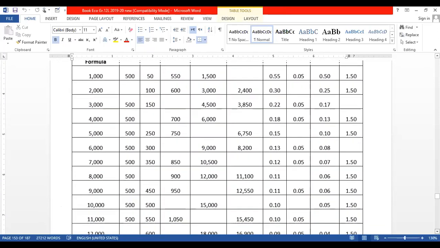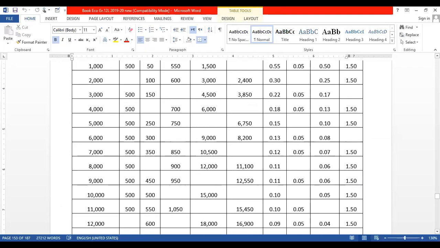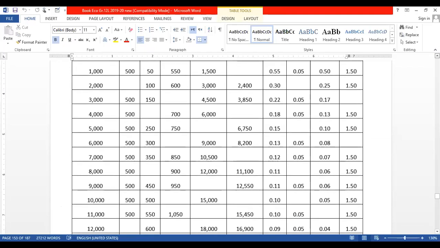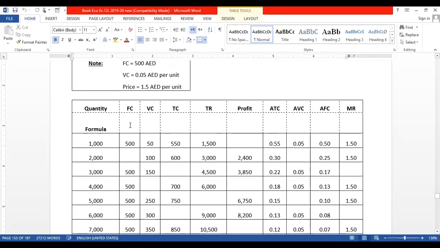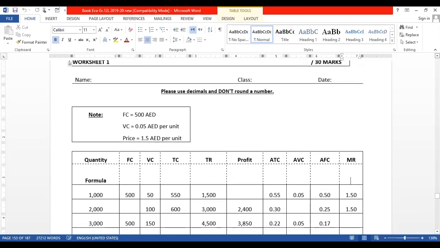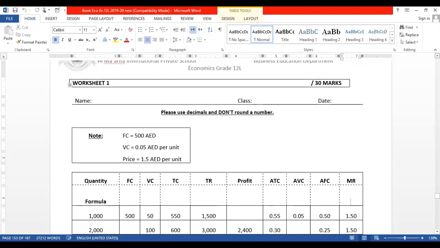You have empty fields and you have to find the numbers which are missing. Of course, here are formulas required for fixed cost, variable cost, total revenue, profit, average total cost, average variable cost, average fixed cost, and marginal revenue. Formulas were already discussed, so these worksheets on pages 153 and 154 are given to students as homework, to be successfully done and submitted.